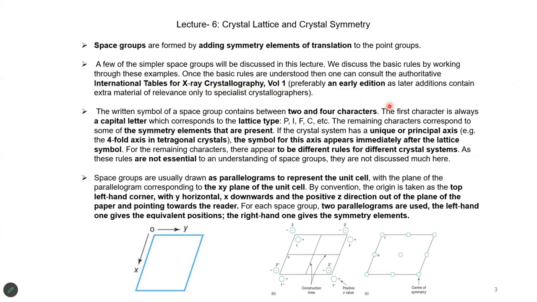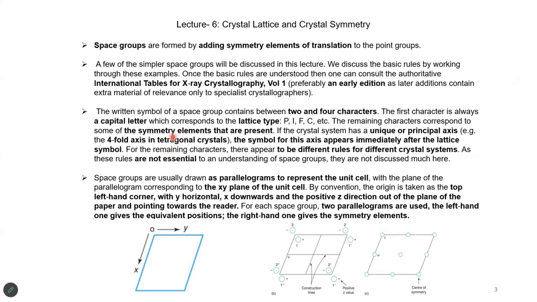The later editions have some more relevant information, but those are for specialist crystallographers. A common crystallographer need not know all those specialist rules and regulations. So this paragraph will tell you how we explain a space group.